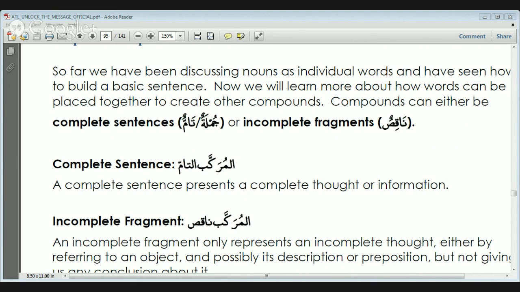There are 11 harf jars, and they are the following. باتا كاف لام واو من في عن على حتى إلى.